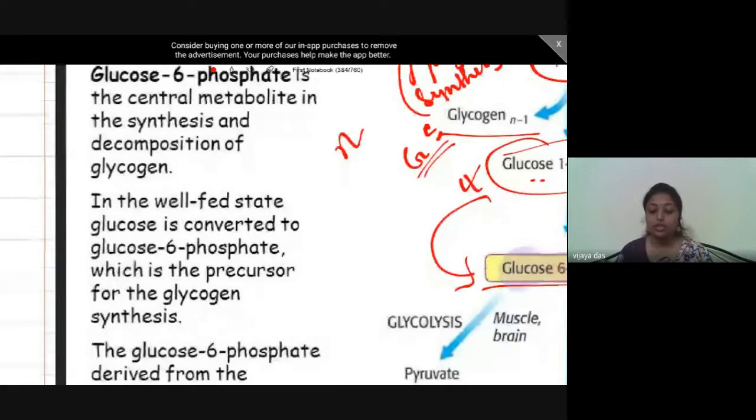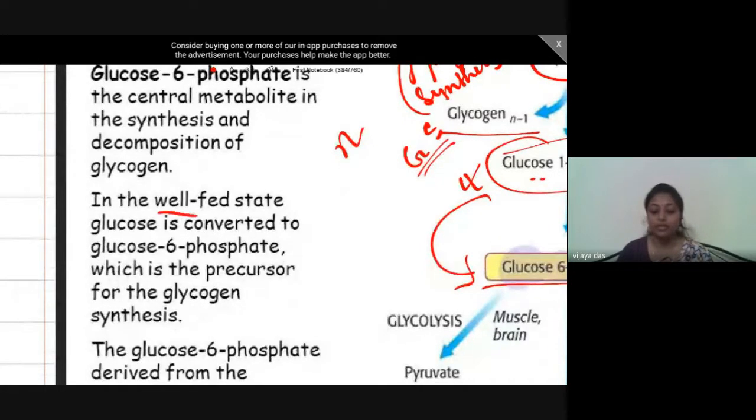One such state is the well-fed state, where there is enough food and enough glucose. When there is excess glucose, it will be converted into glucose 6-phosphate. You remember, for glycogen synthesis the direct molecule you need is glucose 6-phosphate. So when you eat a lot of glucose, it gets converted into glucose 6-phosphate, which ultimately gives rise to glycogen.